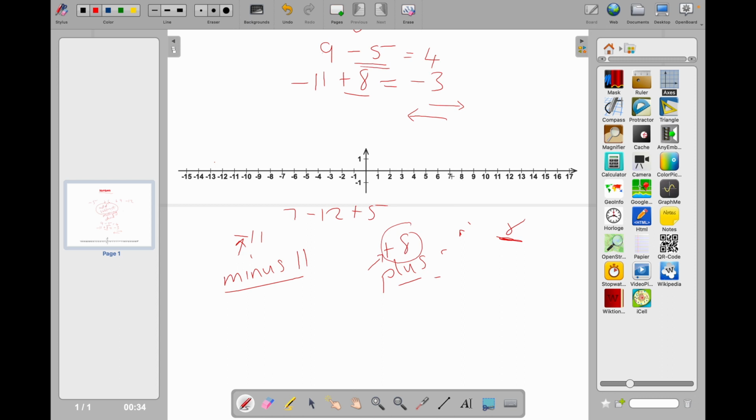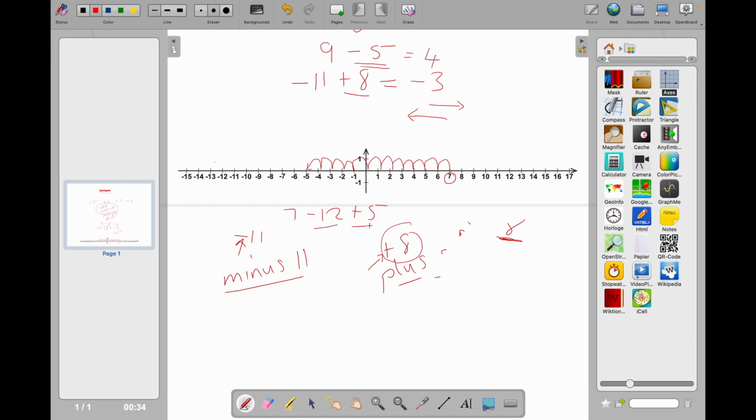You start from 7 here and you go 12 steps to the left. So we go 1, 2, 3, 4, 5, 6, 7, 8, 9, 10, 11, 12, and we reach here.